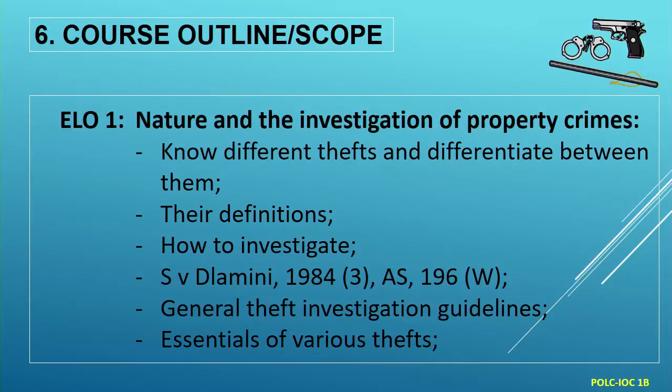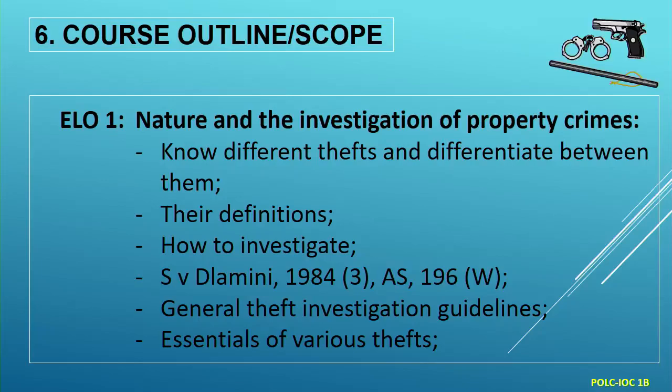Now, for the course outline, we have 2 to 3 exit learning outcomes. The first one is the nature and the investigation of property crimes. So you should know the different thefts and differentiate between them. You should know their definitions and how to investigate them. You should know State versus Lamini.